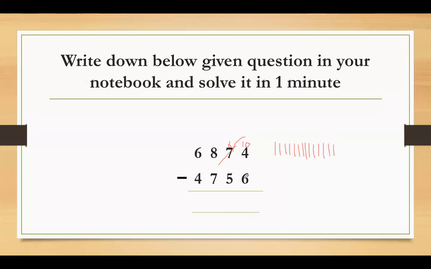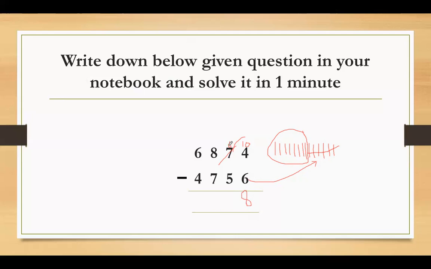Now we have 6 here, so we will cut 6 lines. 1, 2, 3, 4, 5, 6. So 6 lines we cut. Then how many remain here? We will count. 1, 2, 3, 4, 5, 6, 7, 8. So 14 minus 6 is 8.